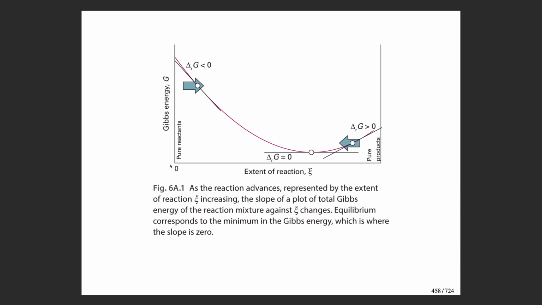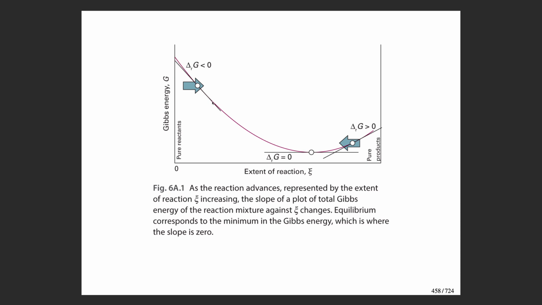And so what happens as we go from reactants to products? Well, we're converting some of our reactants into products. Since the different components don't have the same Gibbs energy in general, the Gibbs energy changes as a function of the extent of reaction. At first, where only a small amount of reaction has occurred, the Gibbs energy is decreasing.